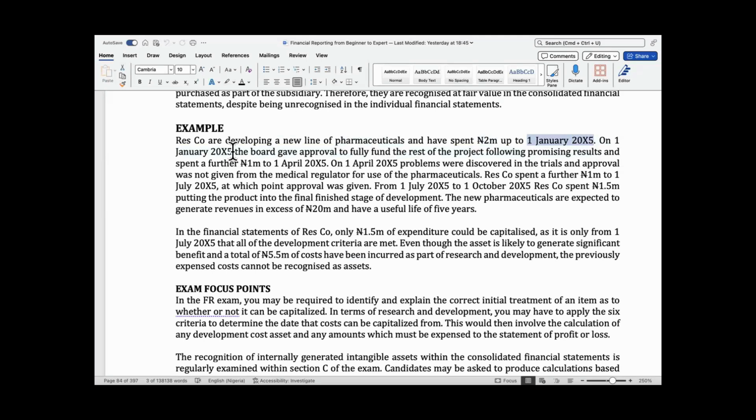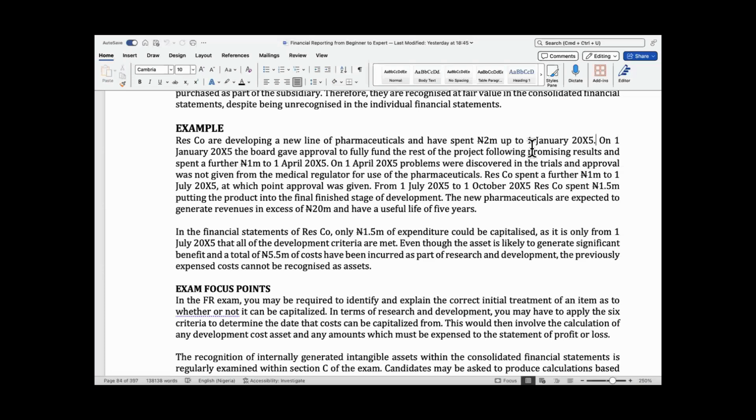On 4 January 2005, the board gave approval to fully fund the rest of the project following promising results. So that means all the money they spent, this 2 million up to these dates, will be expensed, because they only got board approval in January. So is any money that is spent after this date something we can consider?